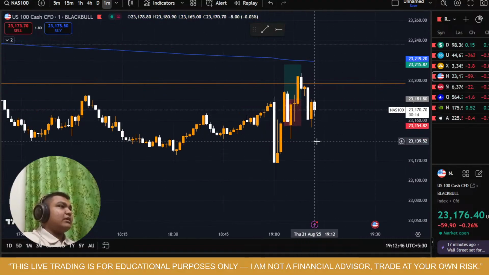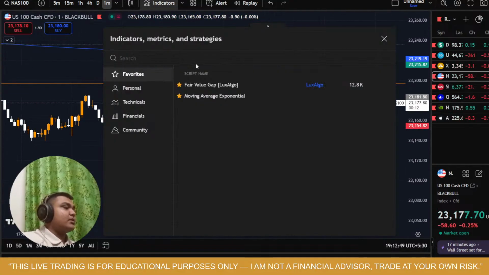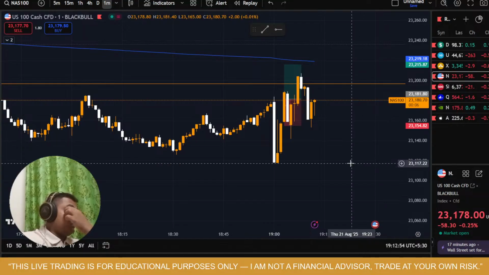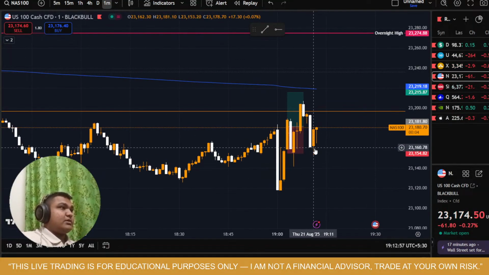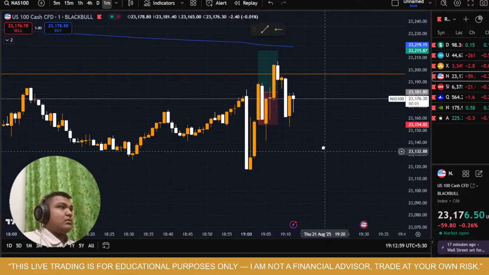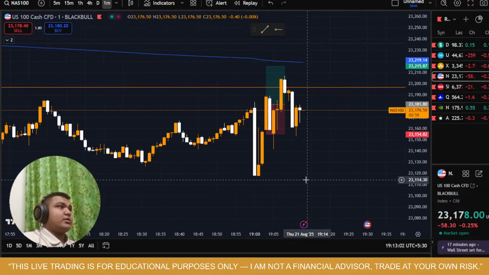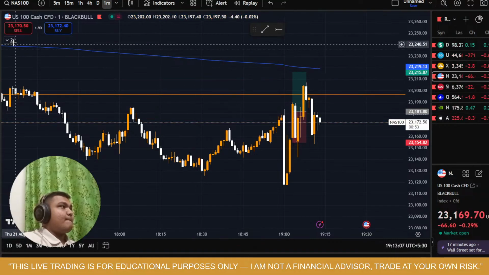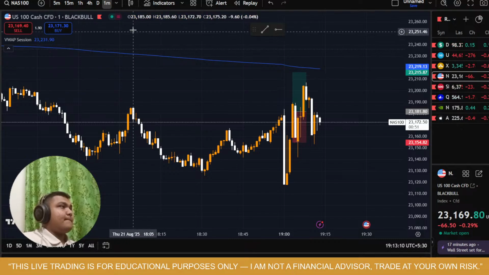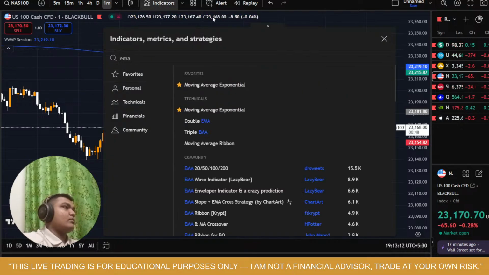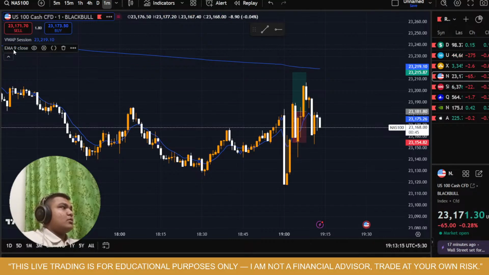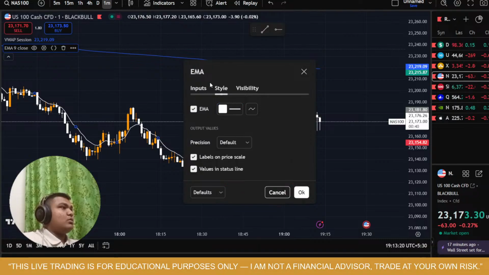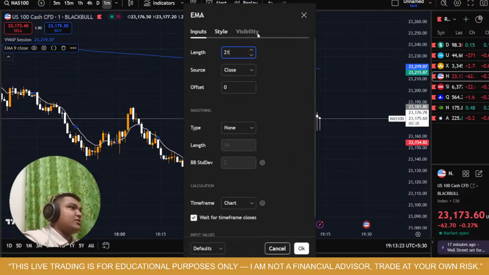If it starts from here, it may be clean. Still holding here, this level. Here are the EMAs and all. Am I right? Correct. If anyone asks which EMA I use, it's the 21 EMA.